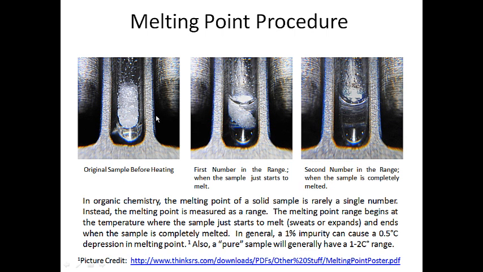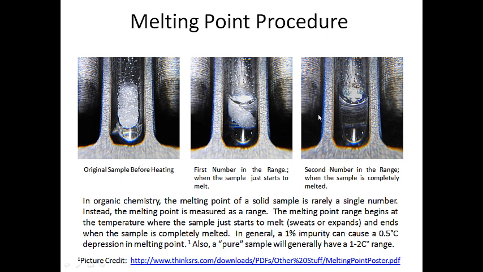So the sample may look like this before it starts to heat. After you heat it, at some point you'll see some physical change happen to the solid. Maybe it'll start to melt and you'll see droplets. Sometimes it sweats. That's what sweating is called. You can sometimes see it expand, but there's some physical change. That's the first number in your melting point range.